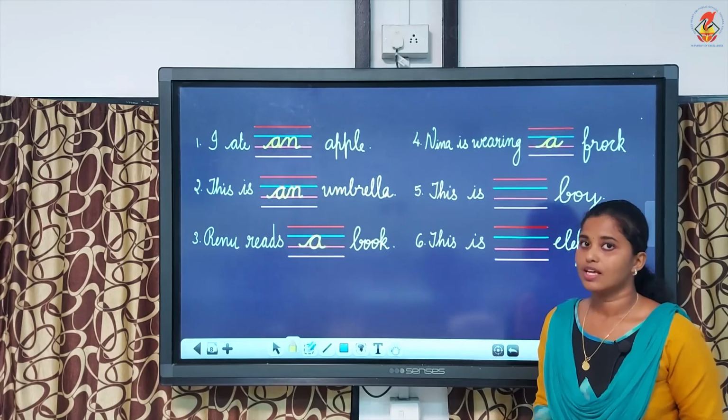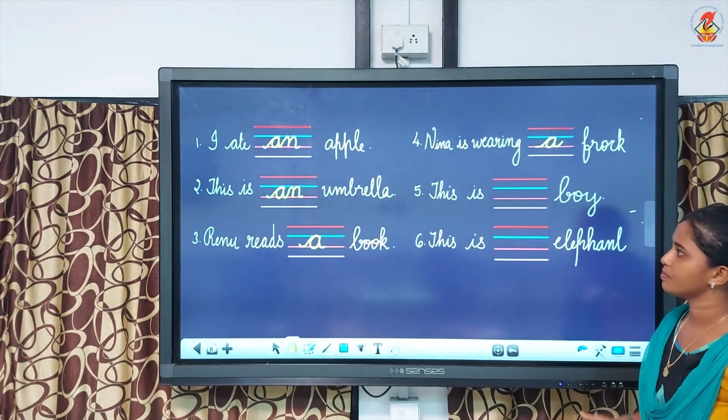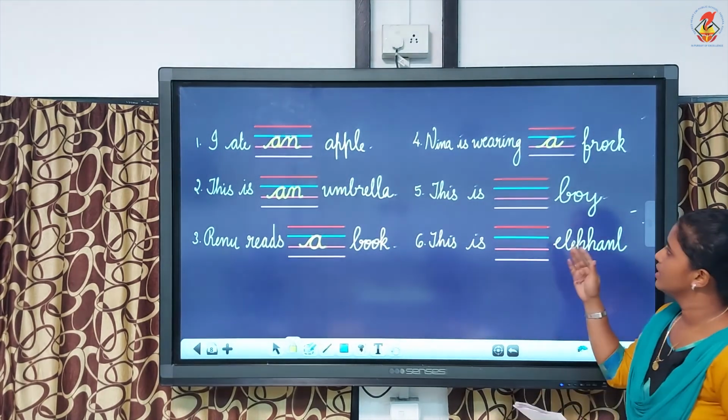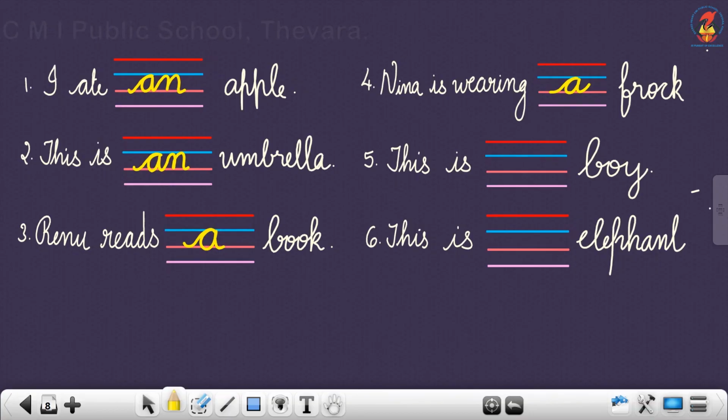Nina is wearing a frock. Next, this is dash boy. Here you can see it is beginning with the consonant letter B. And what will be the article? Yes, the article will be a. This is a boy.